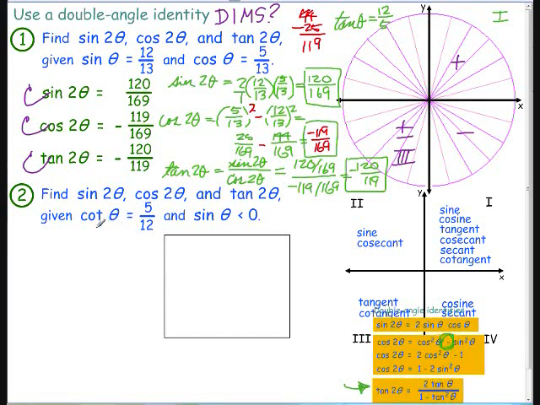I either want to know what tangent theta is, or sine theta, or cosine theta. I need to know one of those in order to even get started. Since there's something about sine that always attracts me to it, let's figure out what sine is.